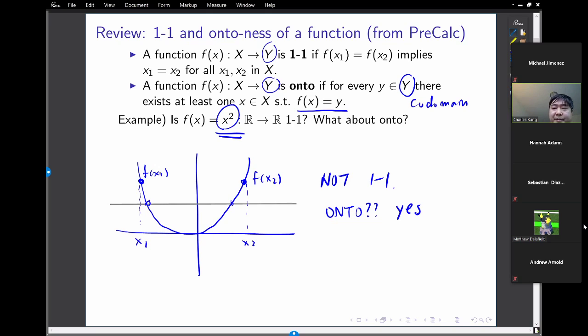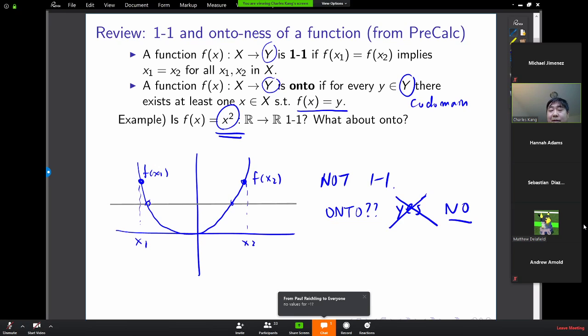Actually, it's not. Do you see why? Because if y is negative, there's no x squared? Exactly. So consider -1 in y.